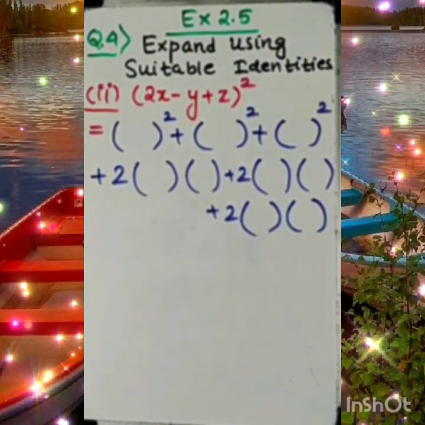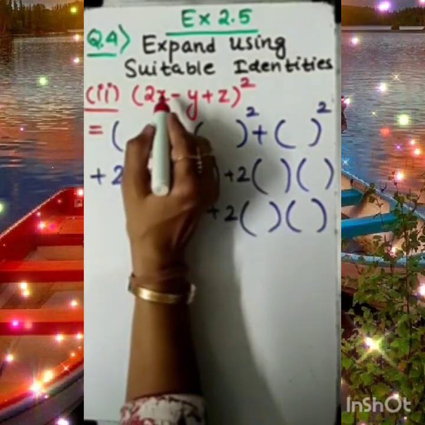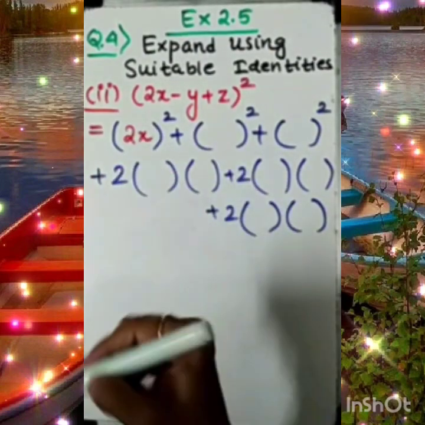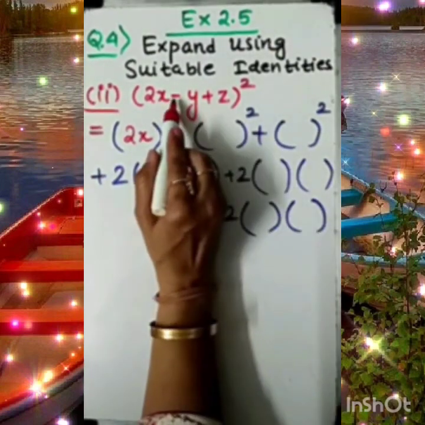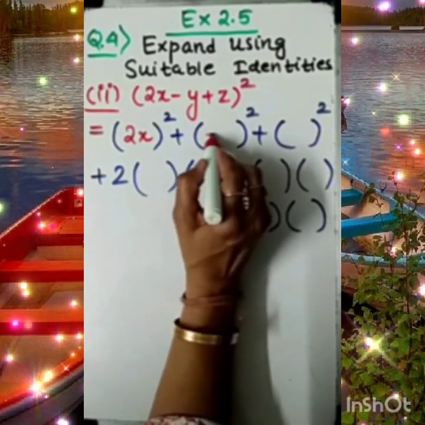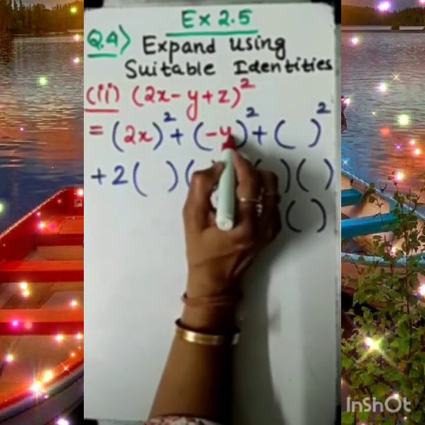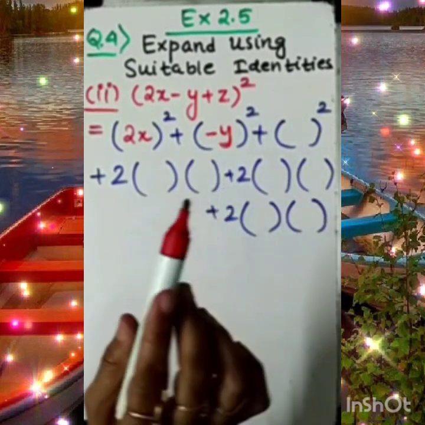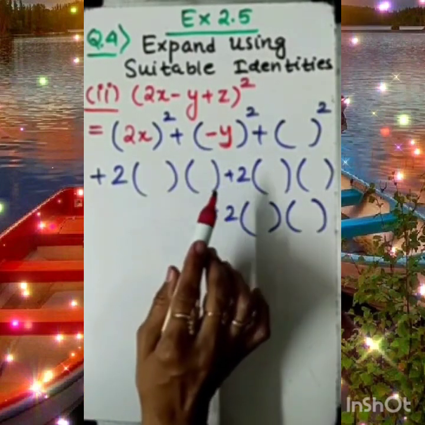Now be careful about putting the terms, okay? Suppose here, which is the first term? 2x. What is the second term? You can see along with the sign we need to mention. Please be careful: if any term is given as negative, write it down along with the negative sign.